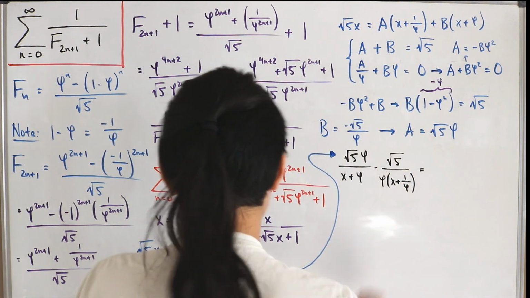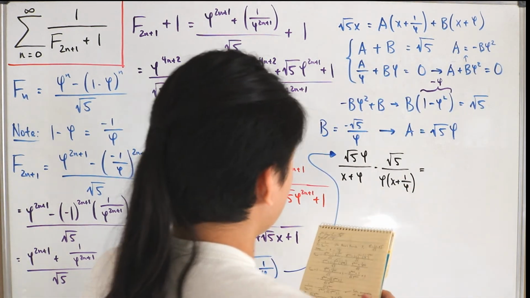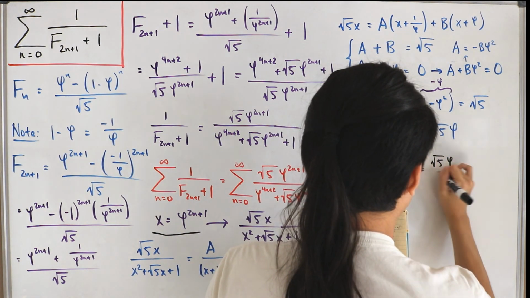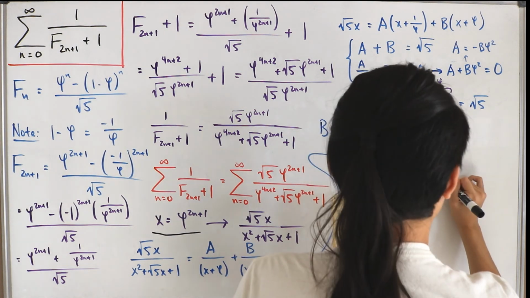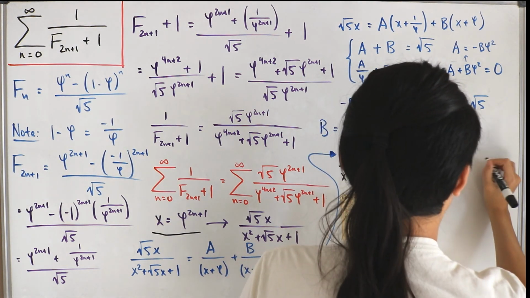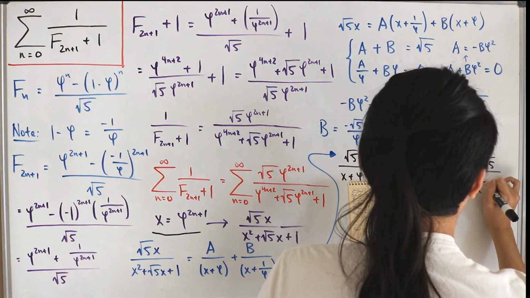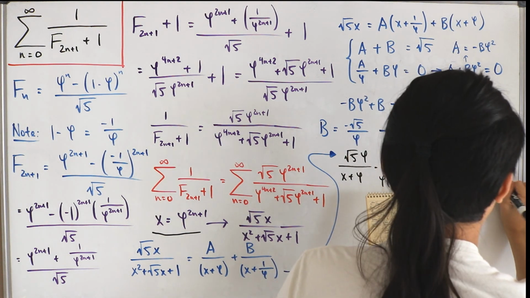Then let's substitute back our x from the substitution we did earlier. So now we yield the square root of 5 times 5, divided by phi^(2n+1) plus phi, then subtract the square root of 5 divided by phi times phi^(2n+1) plus 1 divided by phi.